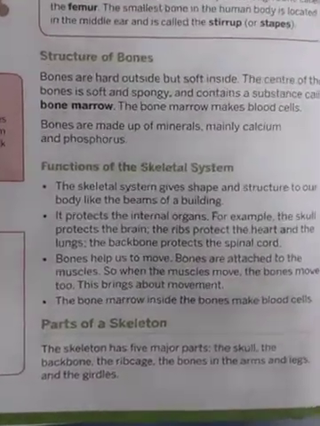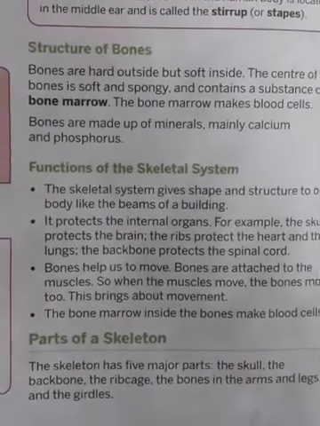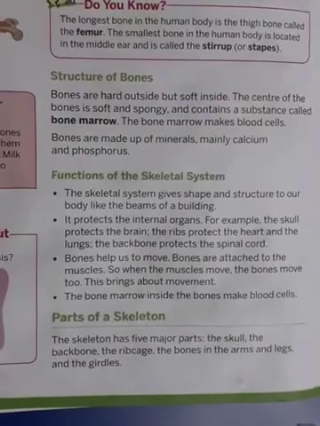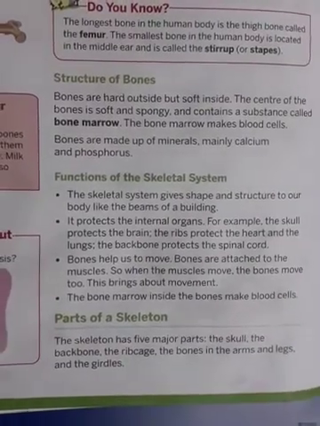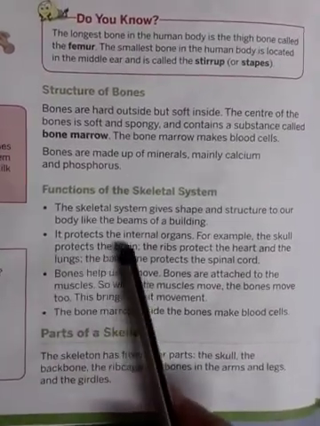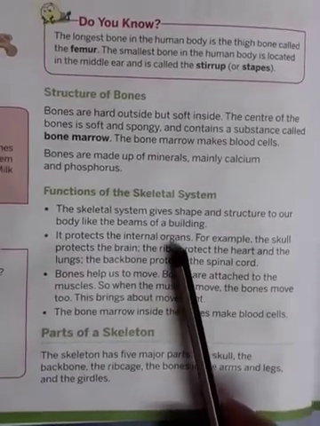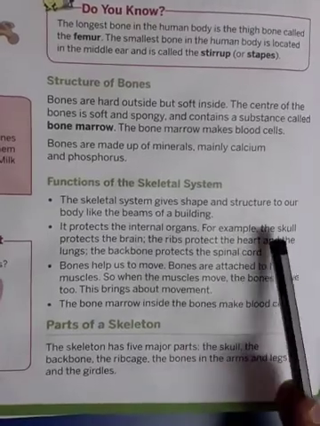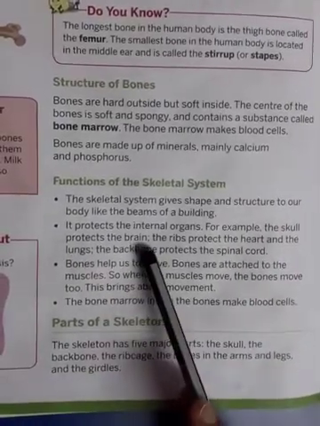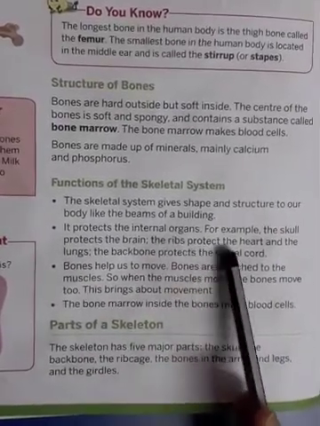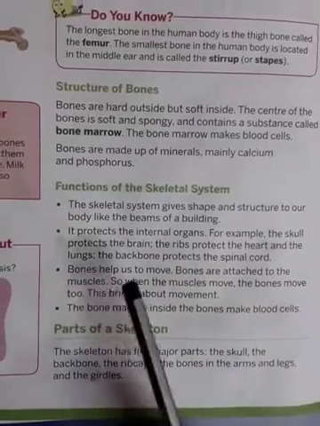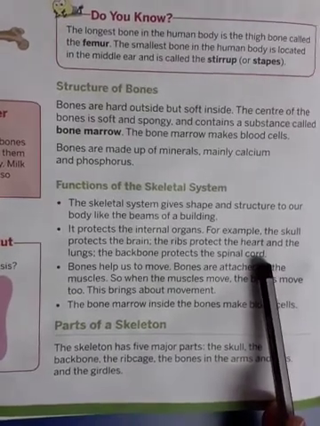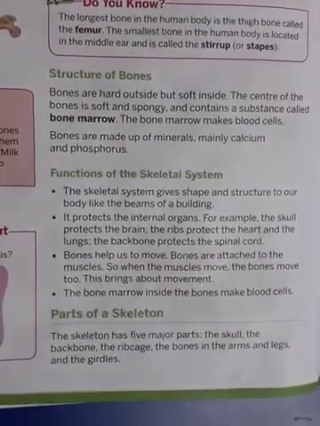The second function is that it protects the internal organs. For example, the skull protects the brain, the ribs protect the heart and the lungs, and the backbone protects the spinal cord.